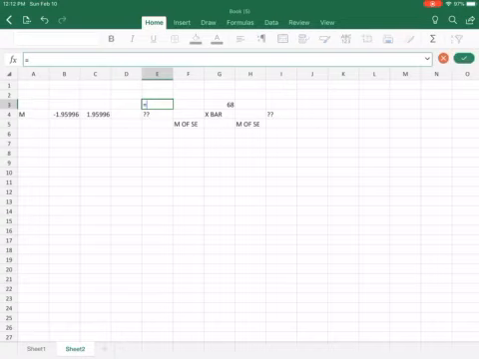So this is going to be my mean minus, actually I didn't calculate my standard error.